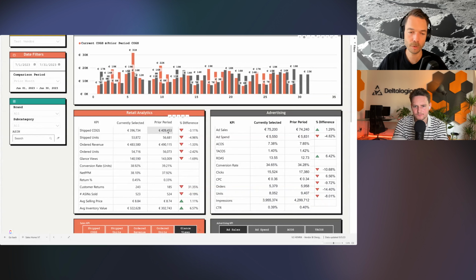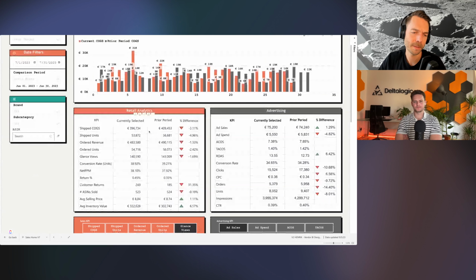This might be due to some campaigns, or sometimes it's just a month that is worse than the one before, especially in the summertime. This is something not too worrying. And then this gives me a feeling for where my business is going. That's why, firstly, I always look at the cost of goods sold.